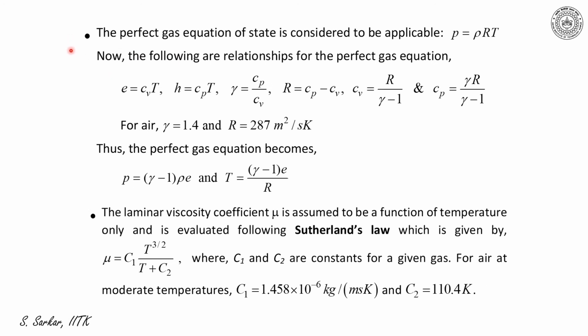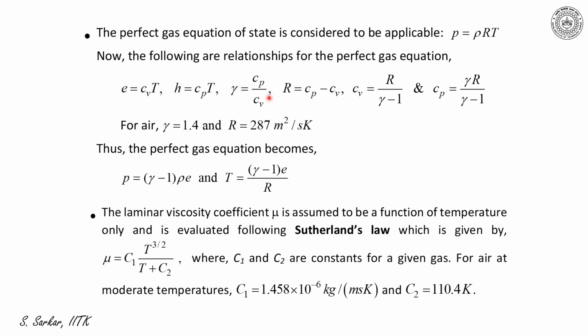Now, the perfect gas equation of state is considered to be applicable here. That is, P is equal to rho RT. The following are the relations for a perfect gas. e is equal to CvT, e being the internal energy. h is equal to Cp into T, h stands for enthalpy.